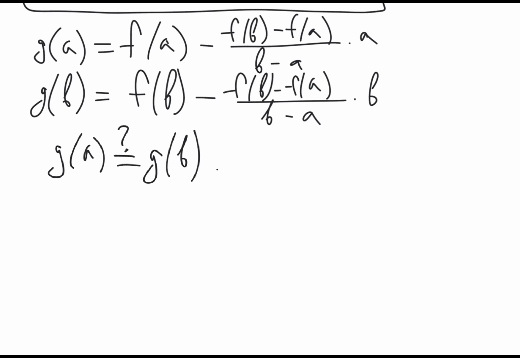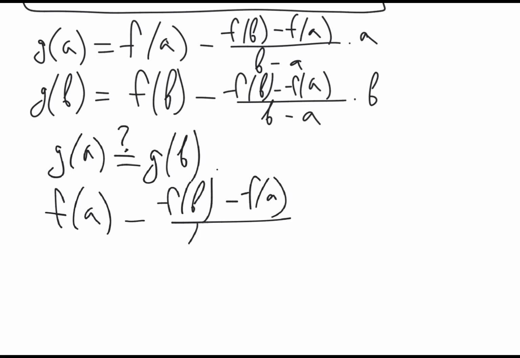Well, we just directly check. We write f of a minus f of b minus f of a over b minus a multiplied by a, equal with a question mark.